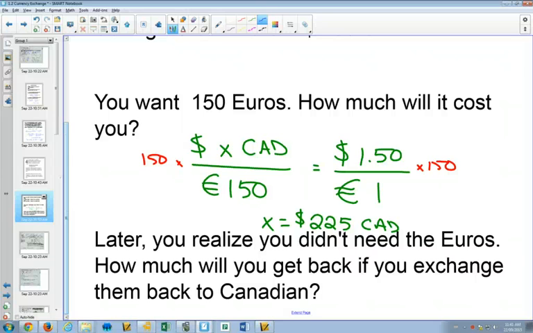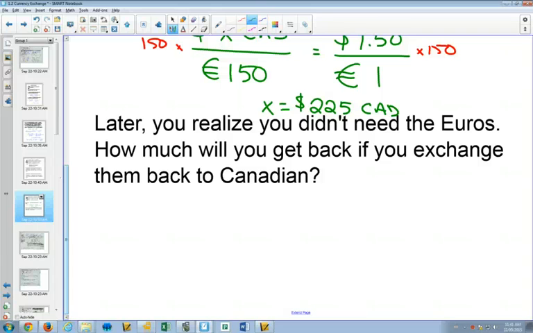You want to sell it. What's the bank doing? The bank is buying. So you're looking for the buying rate, because the bank is now buying it back. So you want to know how much Canadian you're going to get for your €150.